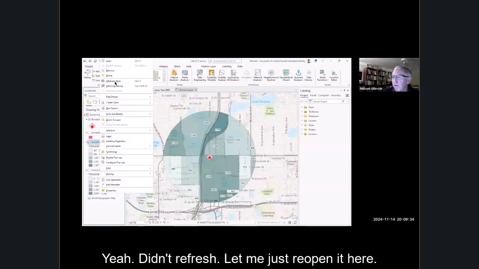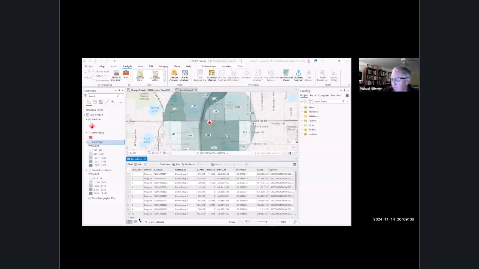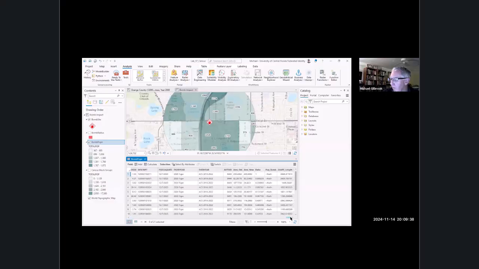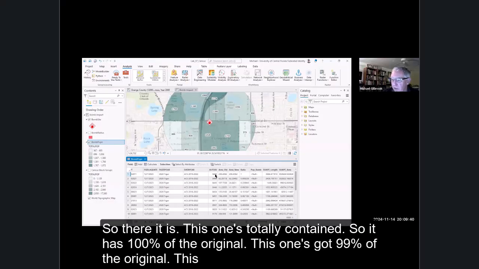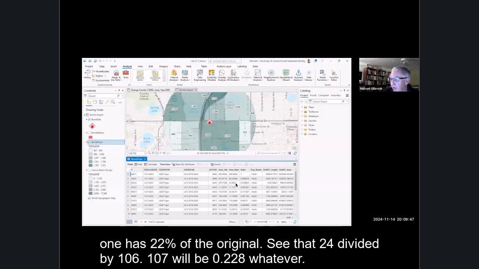Okay. Didn't refresh. Let me just reopen it here. So there it is. This one's totally contained, so it has 100% of the original. This one's got 99% of the original. This one has 22% of the original. See that? 24 divided by 107 would be 0.228, whatever.